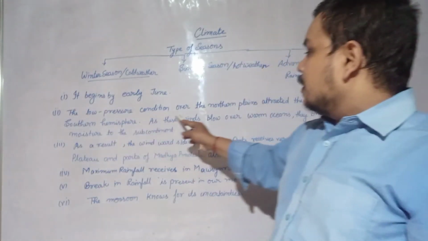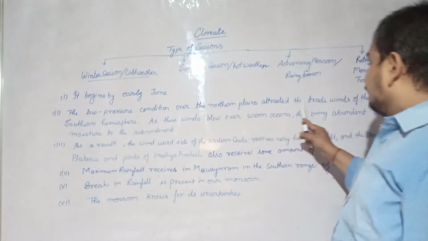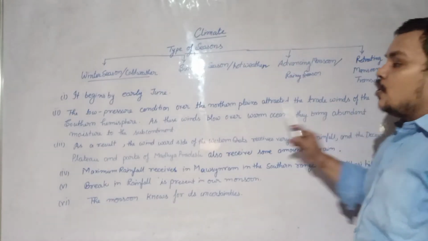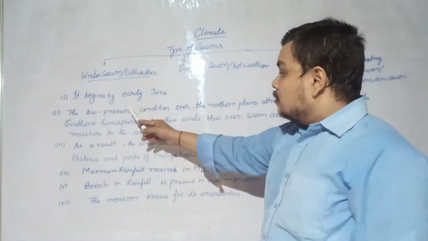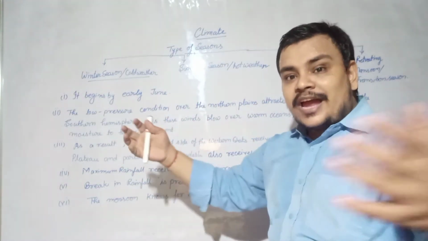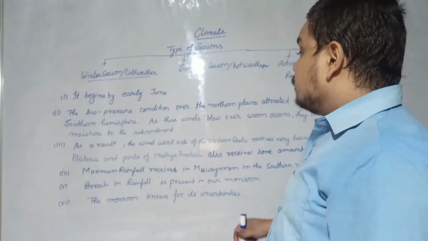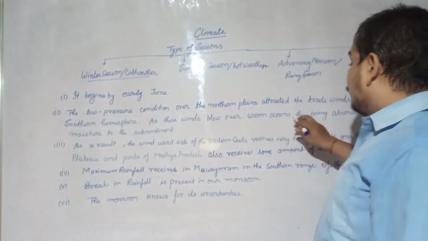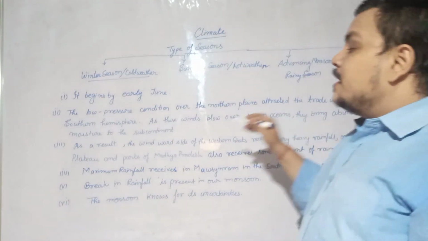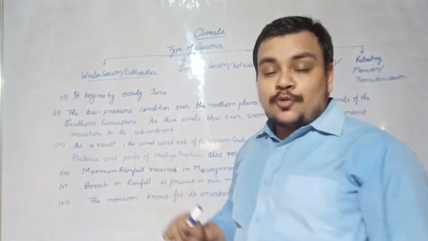The low pressure condition over the northern plain attracts the trade winds of the southern hemisphere. This low pressure condition attracts the southern winds, and as these winds blow over the warm ocean, they bring abundant moisture to the subcontinent.